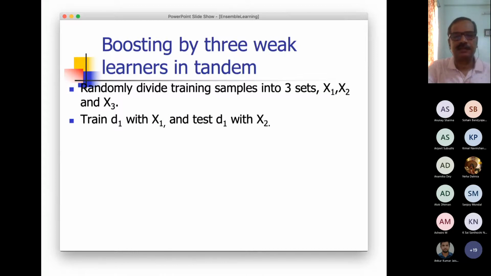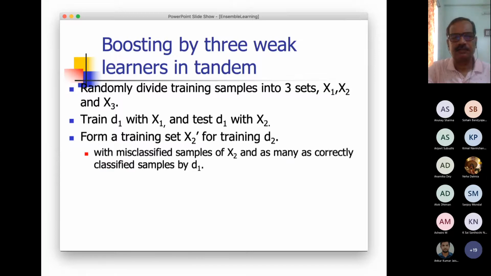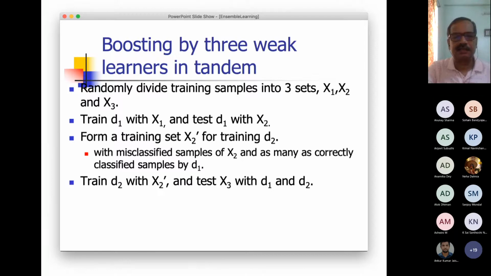So this is what I was mentioning: you train D1 with X1 and test D1 with X2. D1 is the first classifier. Then you find the training set X2 prime for D2, which are the samples not properly classified by D1, the misclassified ones. Then you train D2 with X2 prime and test with X3, using both D1 and D2.